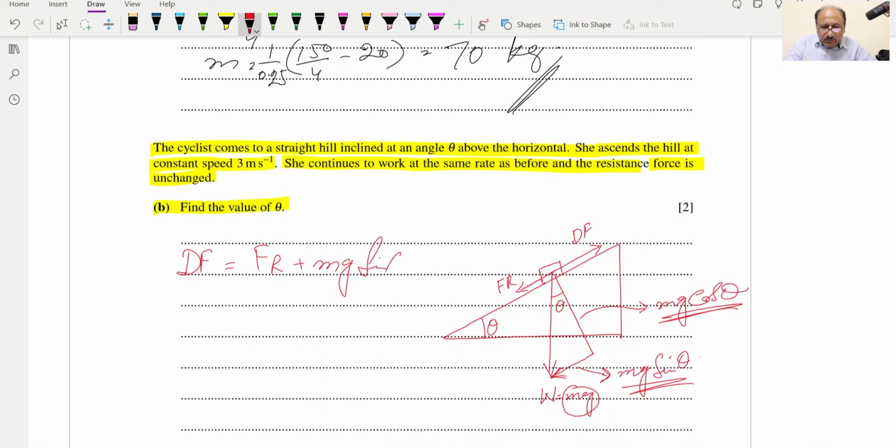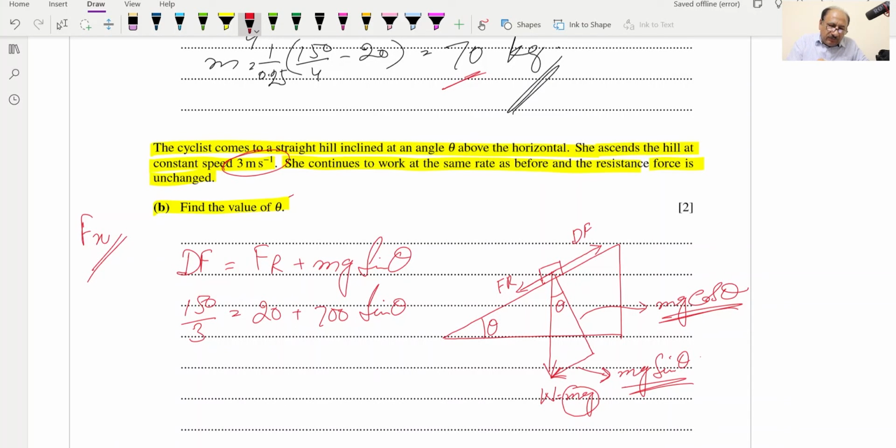We have resolved along the x-axis, so Fx, resolving the forces along the x-axis, will be equal to 150 over speed, which is 3. So this is the speed given. 150 over 3 will be equal to 20 Newton, the resistive force, plus mg, which we just calculated: m is 70, so it will be 700, times sine theta.